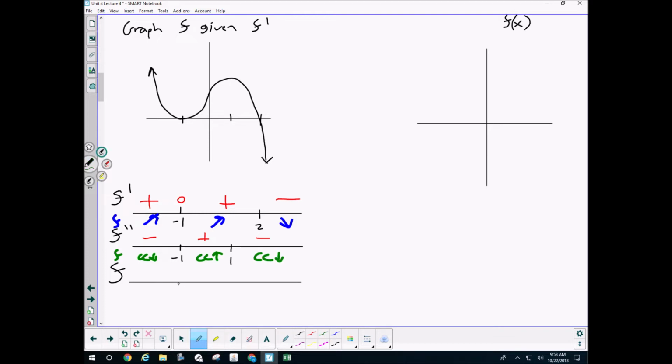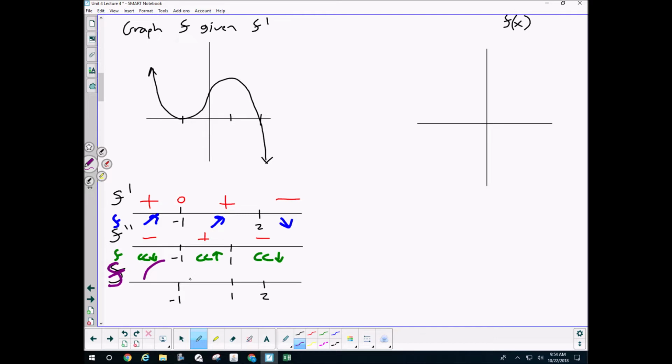I'll throw down all three of those points, -1, 1, and 2. Now understand what the graph of f's shape is. Okay, go ahead and sketch those little portions of the graph of f if you haven't done so already. Going up, concave down.